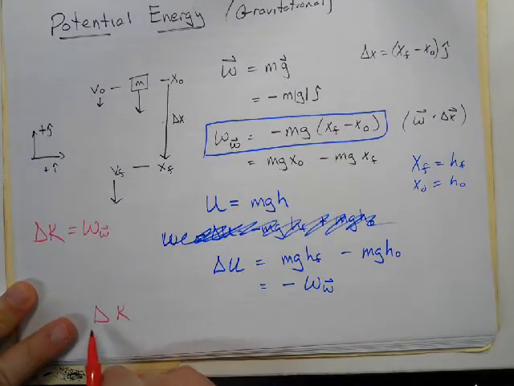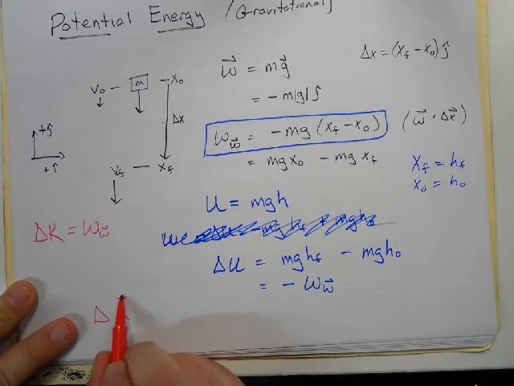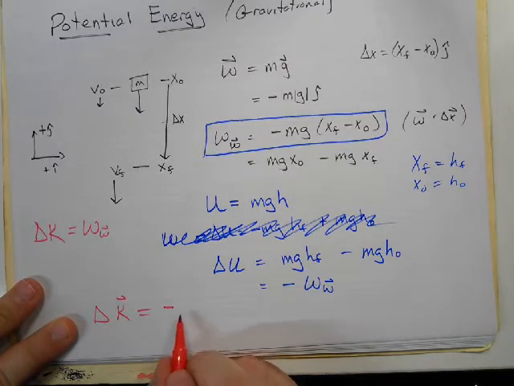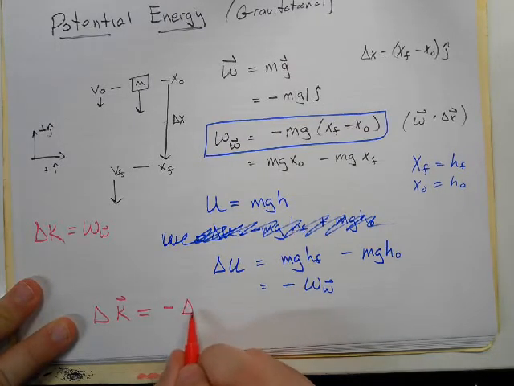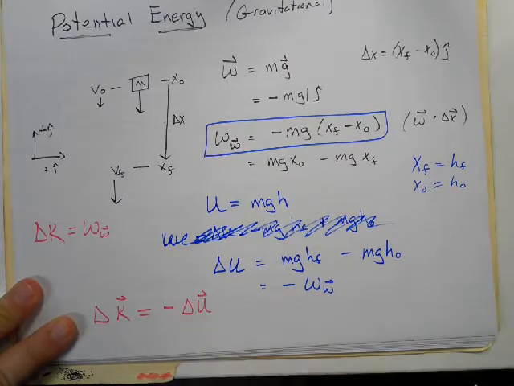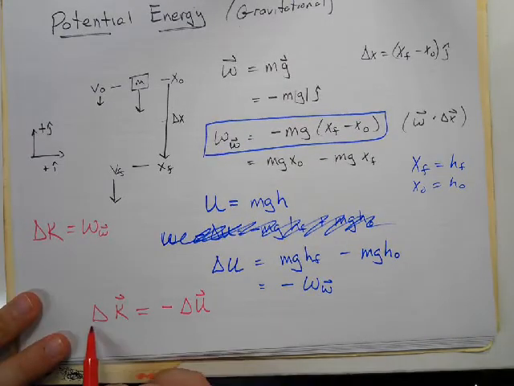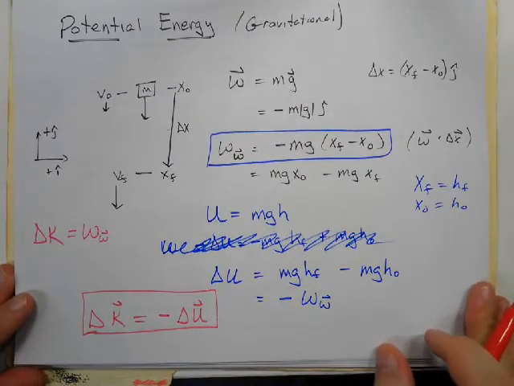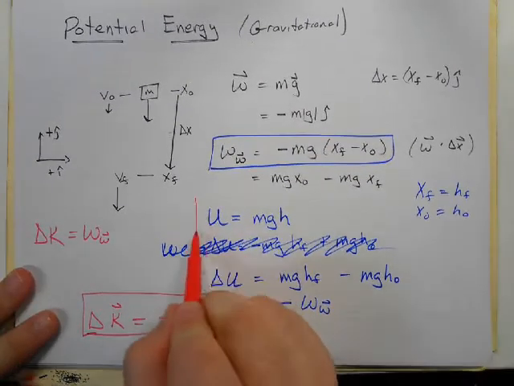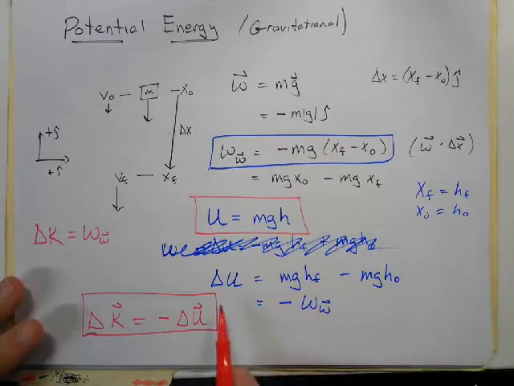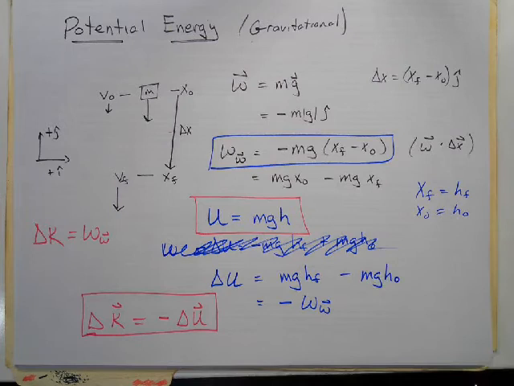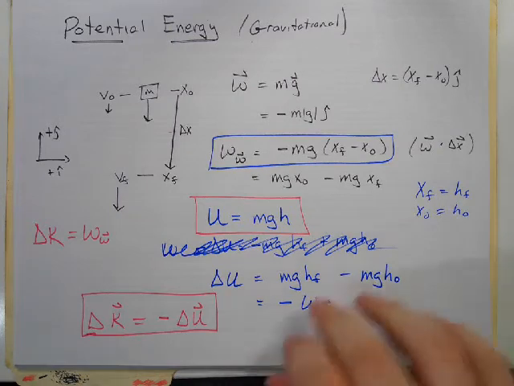So for a falling object, the change in the kinetic energy looks like minus the change in the potential energy. All right? That's kind of an important thing we're going to get to. So we've defined our potential energy, and we've defined it carefully in such a way that things will start to make sense in a moment.